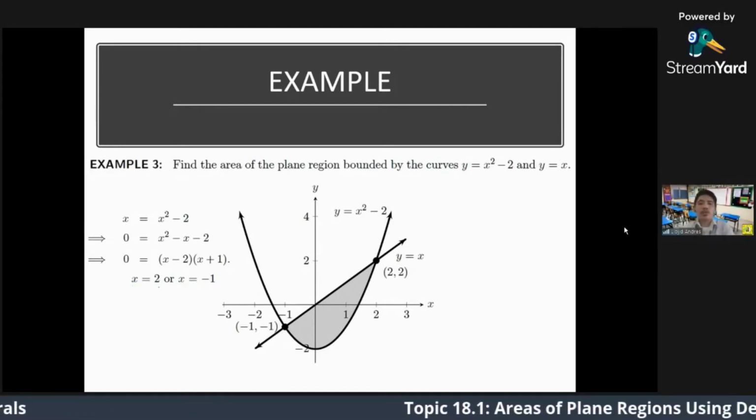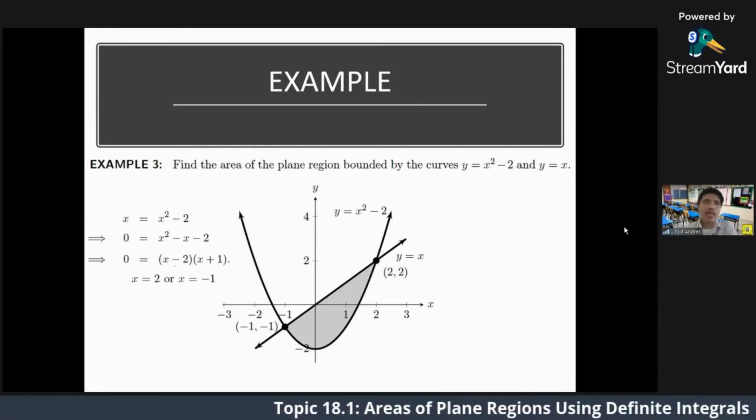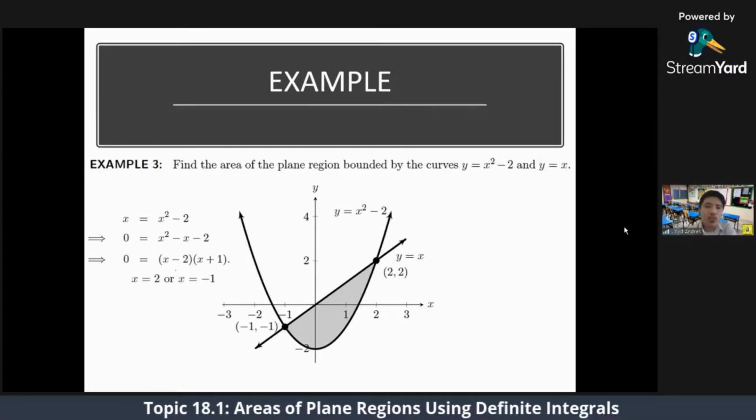intersection points. So, since we have x, we need to find the y coordinates this time.